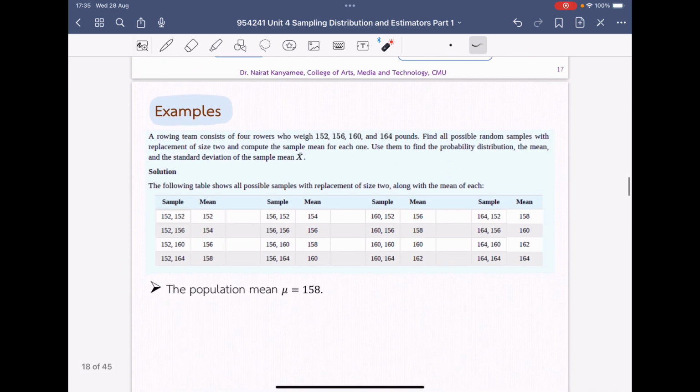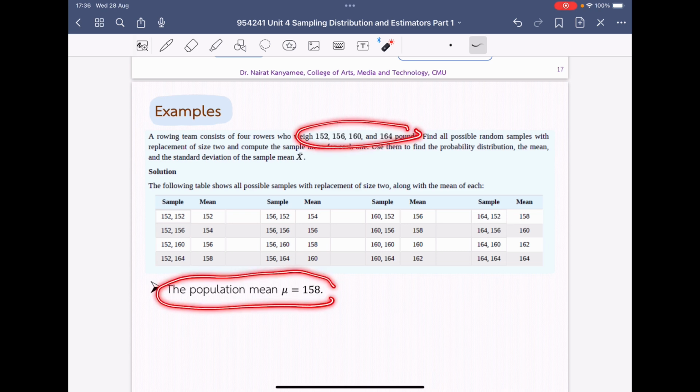For example, back to our example before, where the population has 4 data, and we take our sample of 2, and we have 16 samples, 1, 2, 3, 4, 5 up to 16 samples. Remember that, with a population mean of 158, which comes from here.